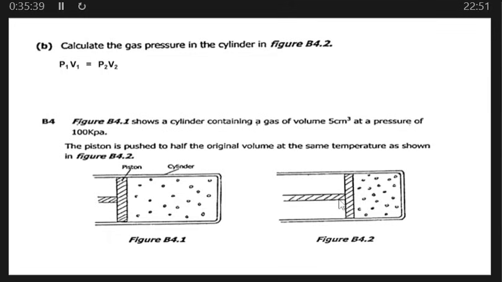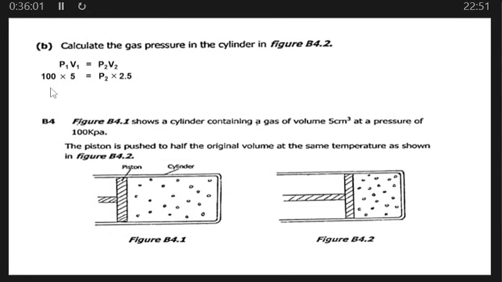That's why they want us to calculate the pressure. So we are going to substitute those values. Put P for pressure, which is 100, times V for volume, which is 5, equal to P here, which we don't know and are going to calculate, times volume, which is 2.5.